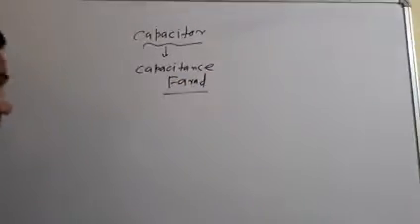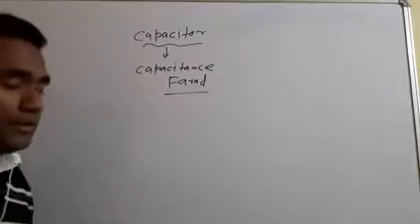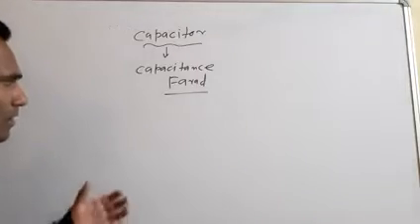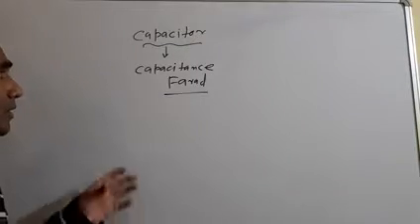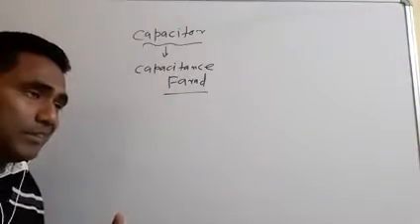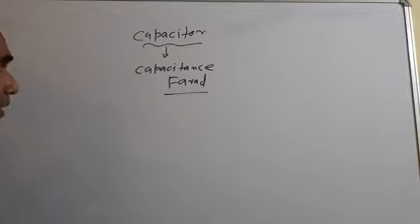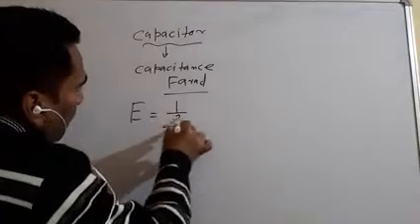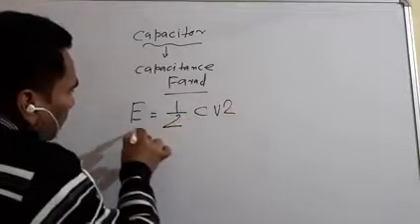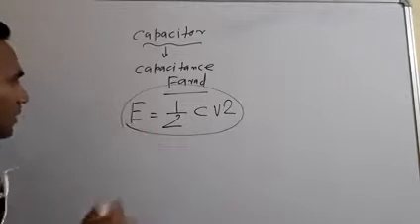Okay. Now the question is, what is a capacitor? A capacitor is an electrical element that normally stores energy in a static form. Okay. Then the question is, how much energy will it store? It will store energy of half C V square.